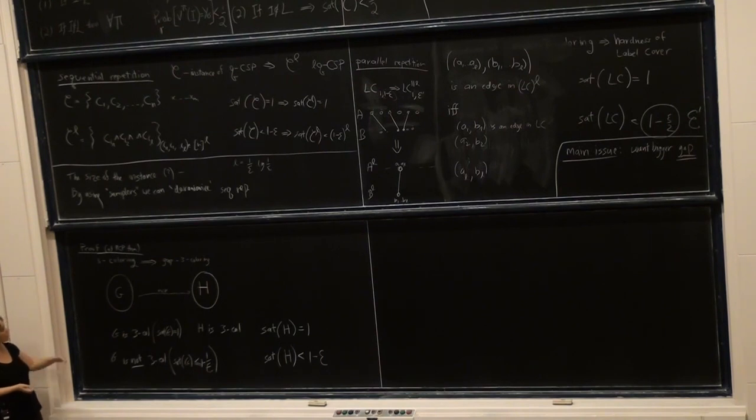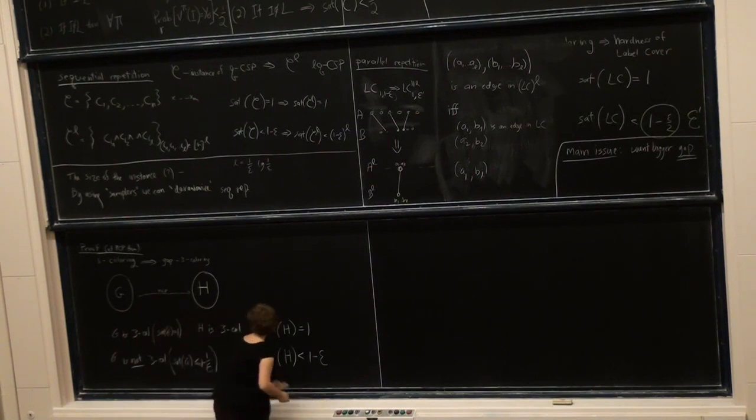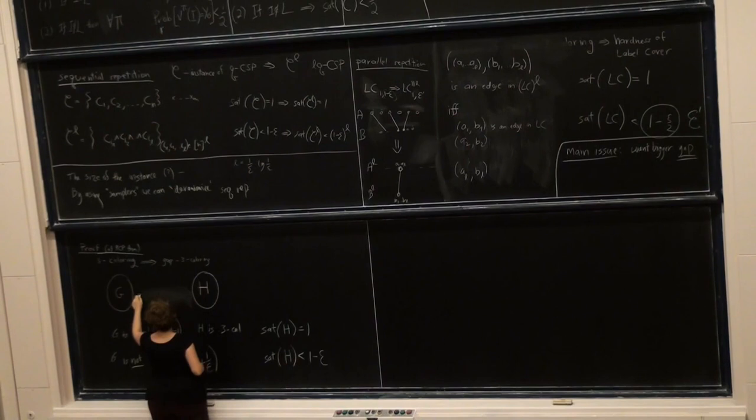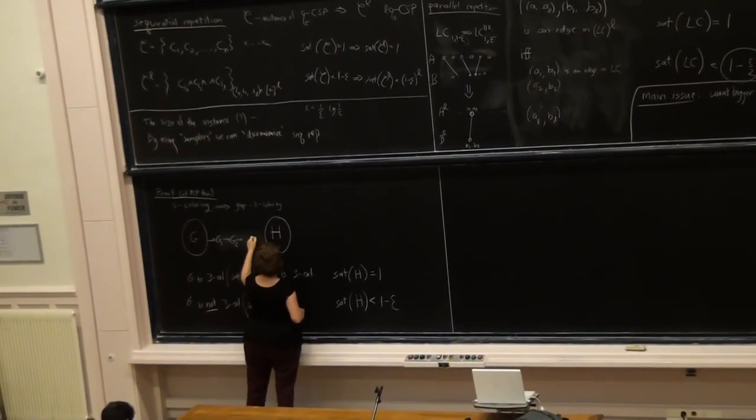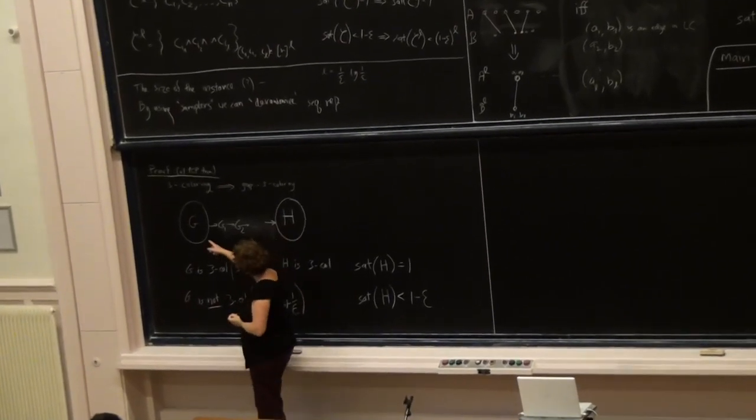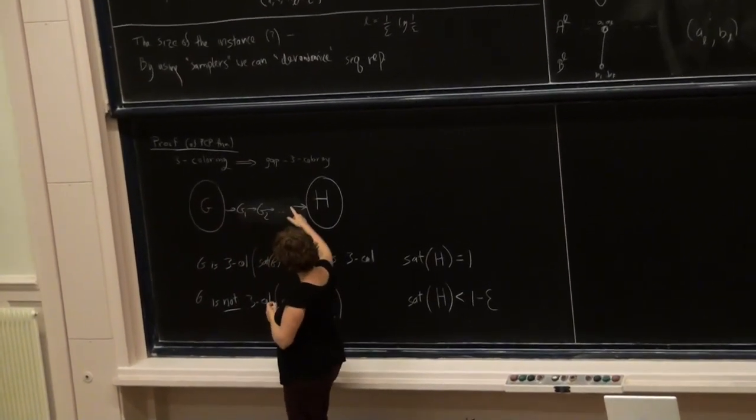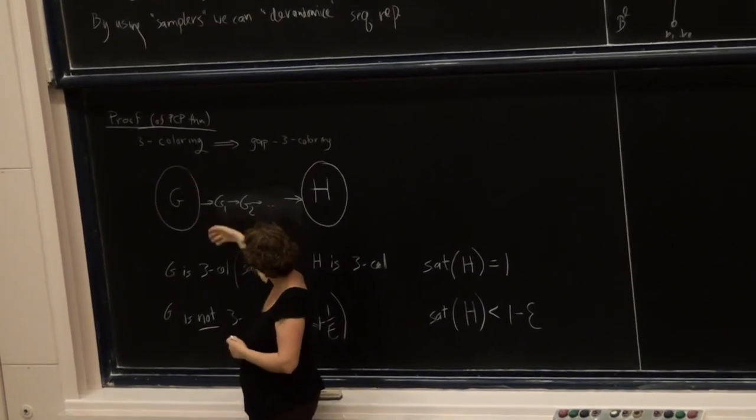What we will do is do it gradually, in a few steps. We will map G to some graph G1 and then to G2 and so on. And each time we do this transformation, we will double the gap.